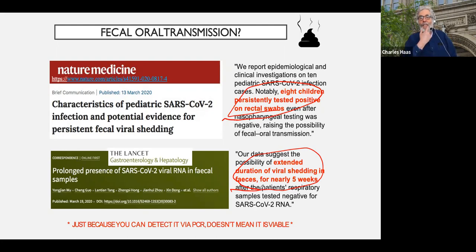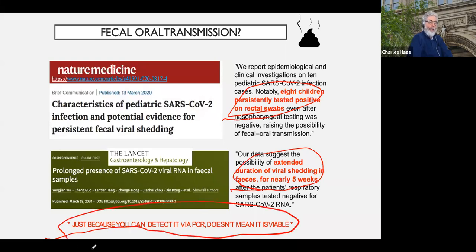So this leads to the possibility, and at this point it's only a possibility, that there could be excretion of viable infectious coronavirus 2 in fecal material and then in turn wastewater. However, we don't know, and I emphasize, just because you can detect it by RNA doesn't mean that it's viable.